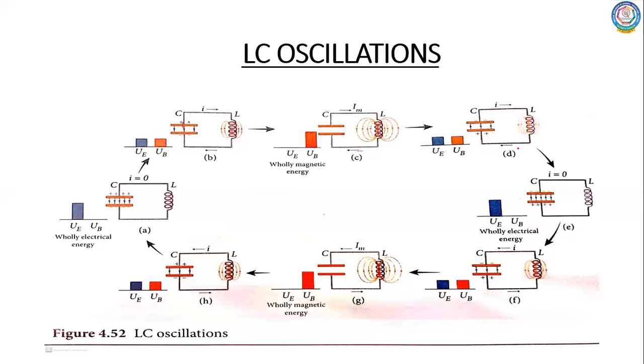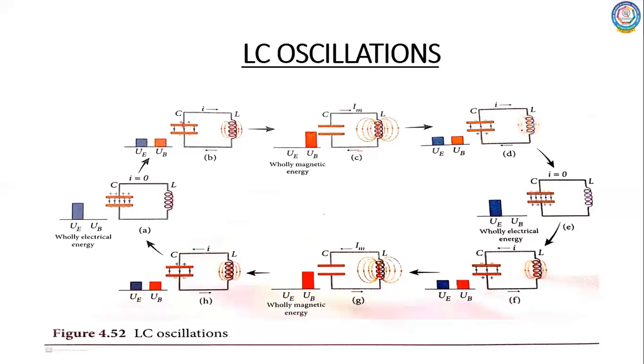This time the capacitor is once again getting charged. The magnetic energy is being converted into electrical energy, and the capacitor is slowly getting charged, but this time in the opposite direction. The current decreases and charges the capacitor in the opposite direction.